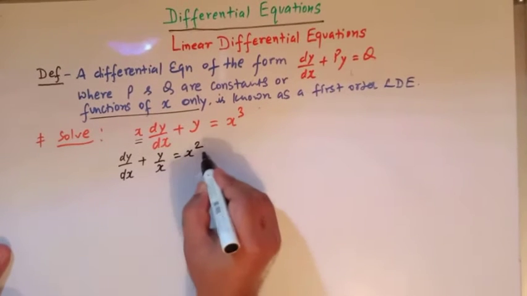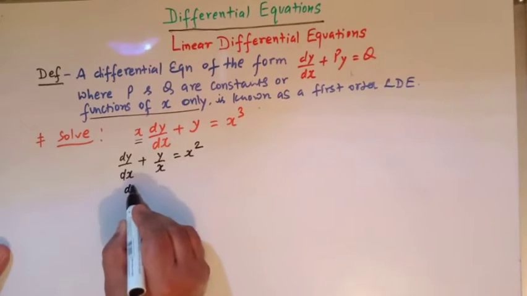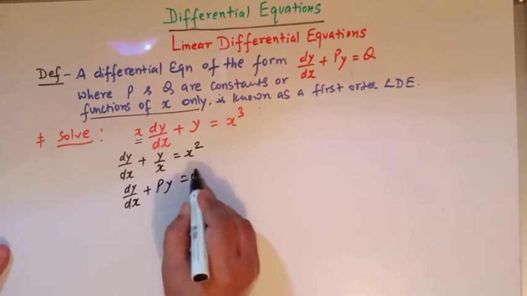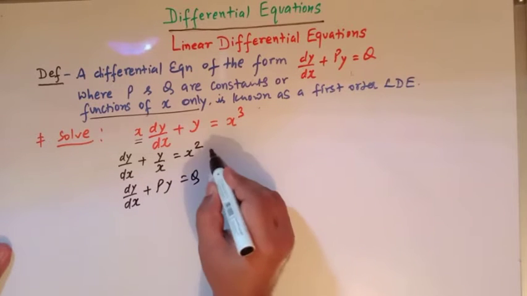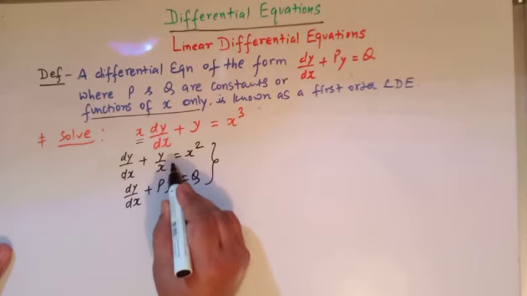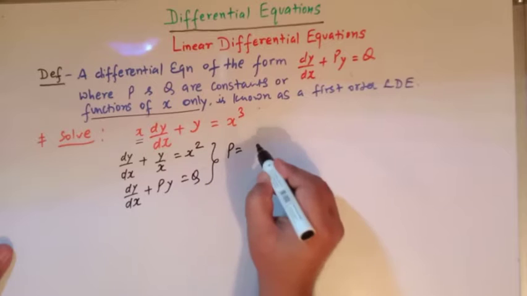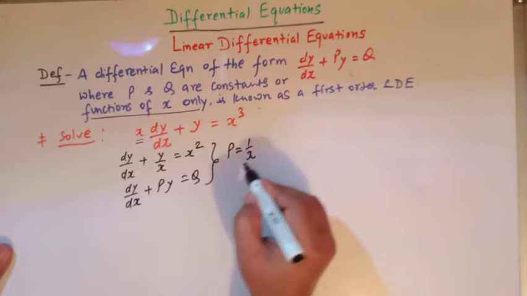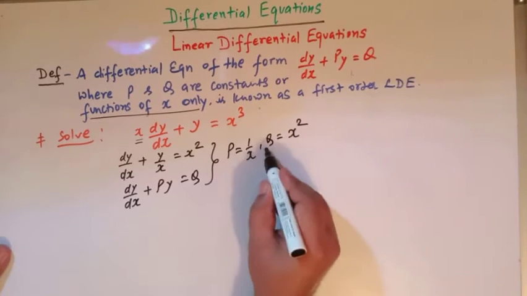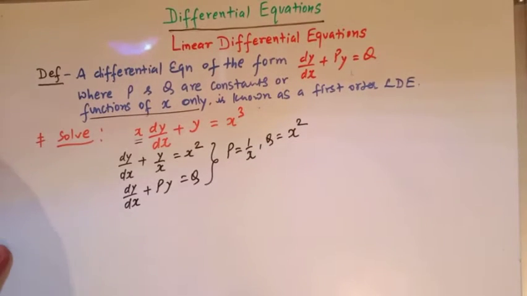Now this equation is the same as dy over dx plus py is equal to q, and therefore we claim that this is a linear differential equation of first order of this type, and p is equal to 1 over x and q is equal to x square. And here we see that p and q are functions of x only.